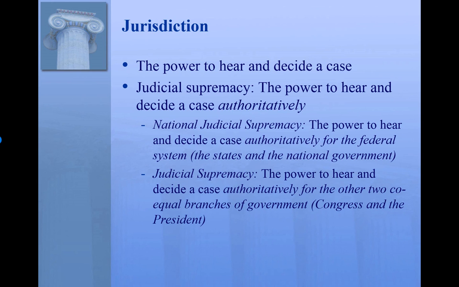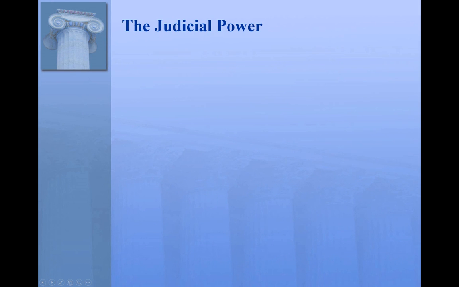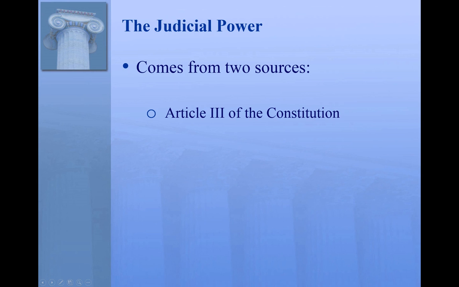So the Supreme Court's power, its jurisdiction, comes from two sources. It comes from Article 3 of the Constitution, and Article 3 specifies the types of cases over which the Supreme Court will have original jurisdiction, which is basically the Supreme Court functioning as a trial court.